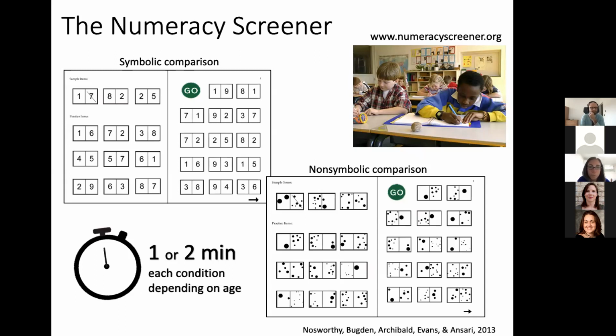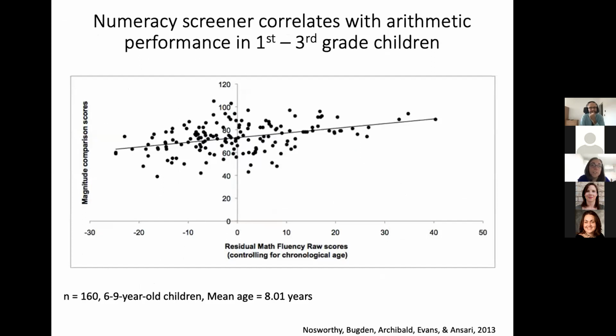So in the first step to evaluate its effectiveness, Nadia investigated whether the performance on the Numeracy Screener correlated with individual differences in standardized tests of arithmetic achievement. And so she found that performance on the Numeracy Screener across both symbolic and non-symbolic conditions were correlated with a speeded arithmetic fluency test, or the math fluency subtest from the Woodcock-Johnson, as well as a non-speeded assessment of calculation skills, so the math calculation subtest from the Woodcock-Johnson.